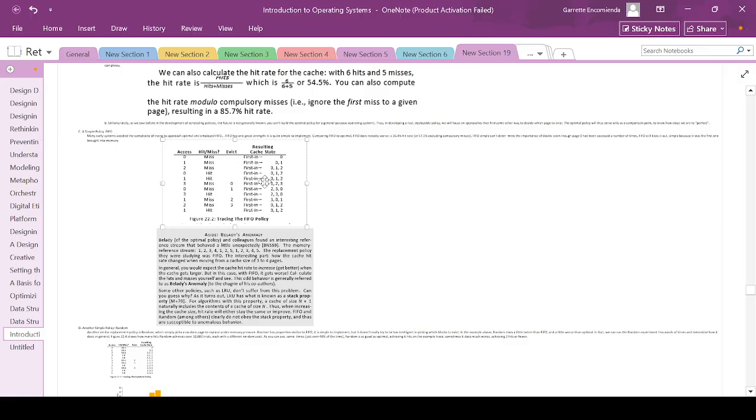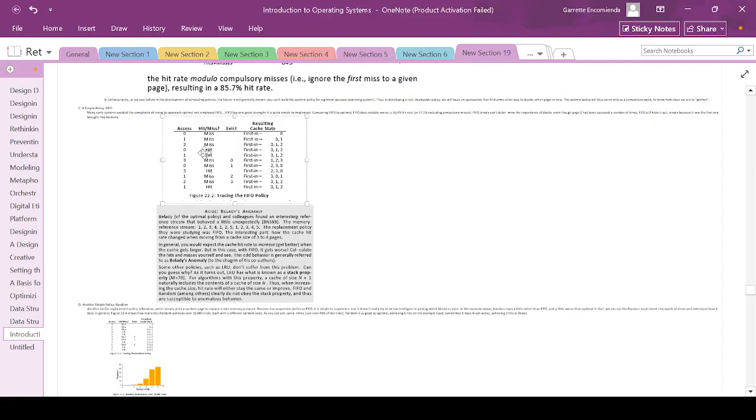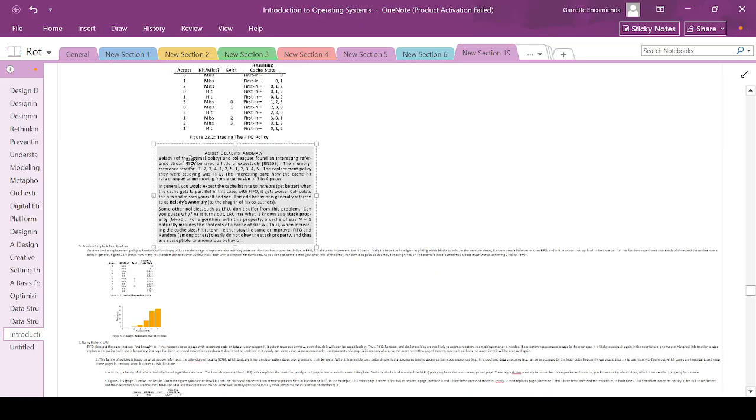So it still encountered the miss from the early pass through, and then a hit, and then we evict 0, so we get a miss. We evict 0 simply because that's the first page we accessed.